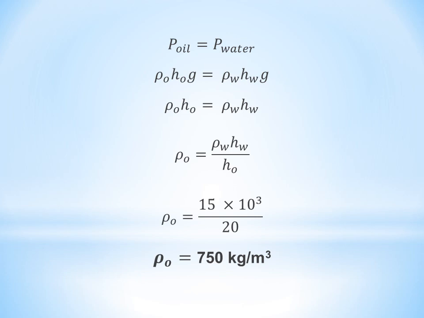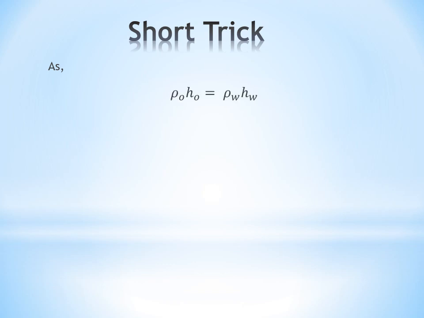But wait, I have a trick for this. So friends, let us find out a short trick for this question. As we know that rho o h o is equal to rho w h w, that is, density is inversely proportional to height.